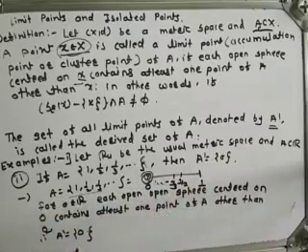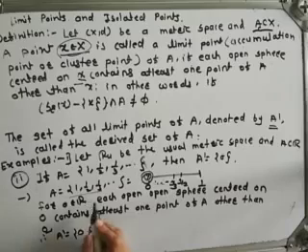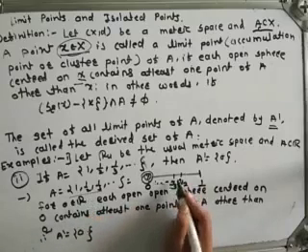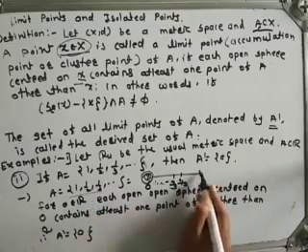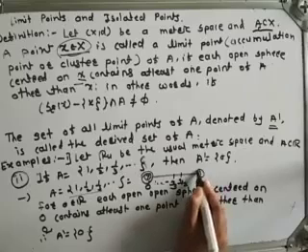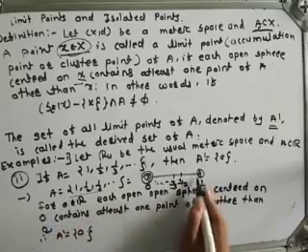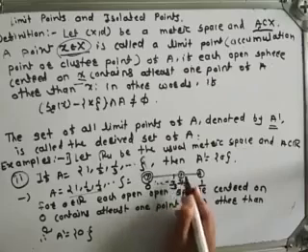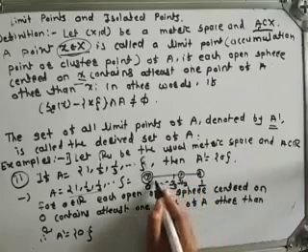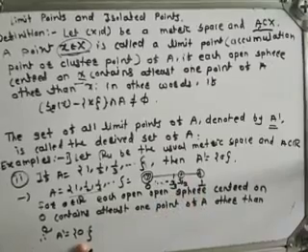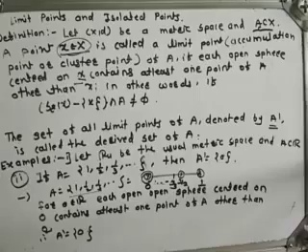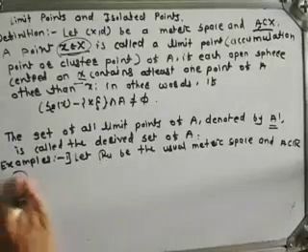Therefore, 0 is the limit point of A. But this is not true for the remaining points. See here, if we take 1, what happens if I draw this open sphere? This open sphere does not contain any point of A other than 1. Similarly it happens with 1/2 and so on. Therefore, 0 is the only limit point of A. Let us take the third example.